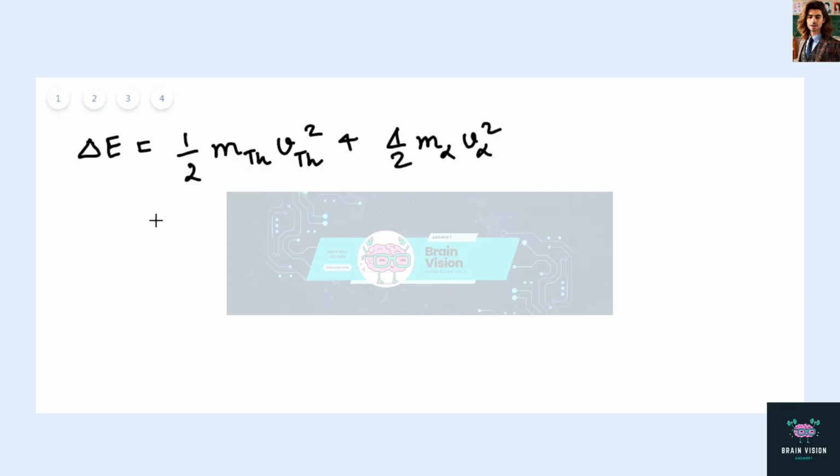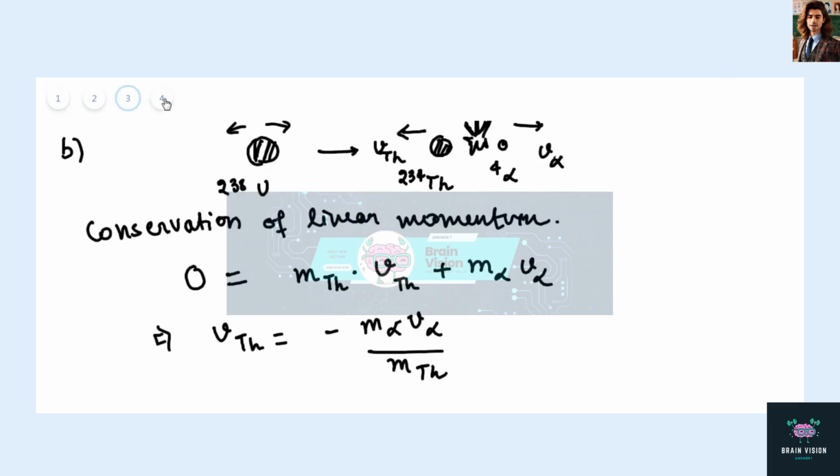Okay, and let's try substituting that here because we need to find V thorium, right?